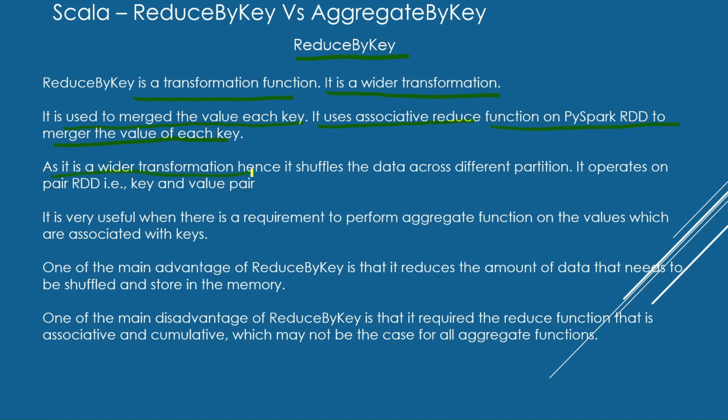It is a wider transformation as it shuffles the data across different partitions. As I mentioned, since it is a wider transformation, shuffling of the data will happen.